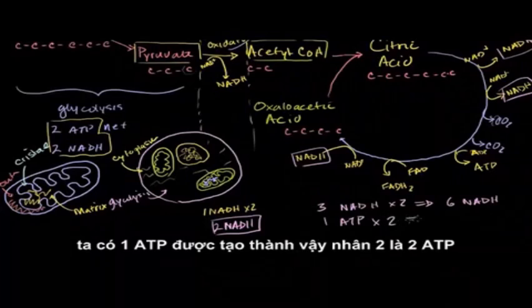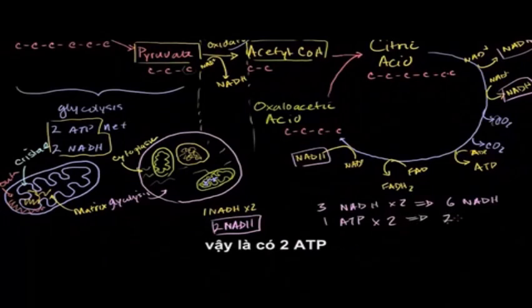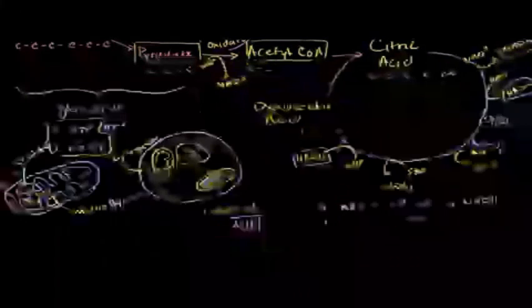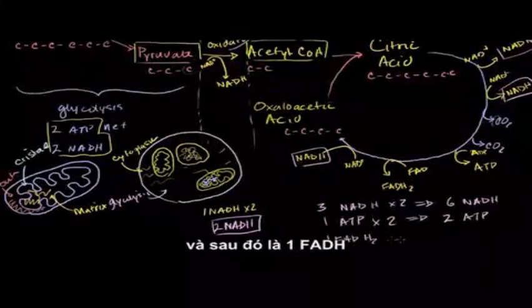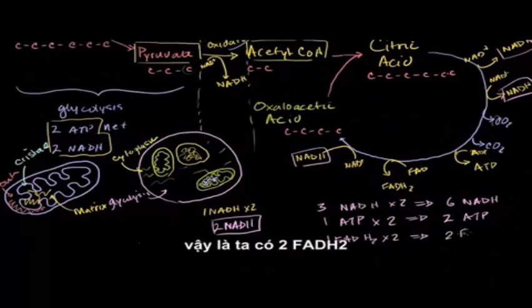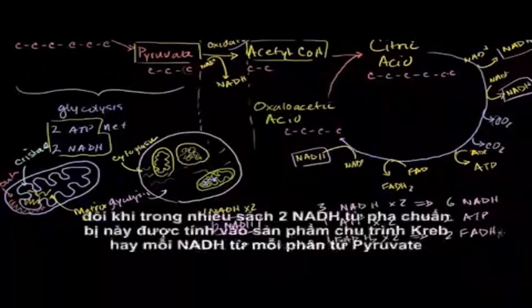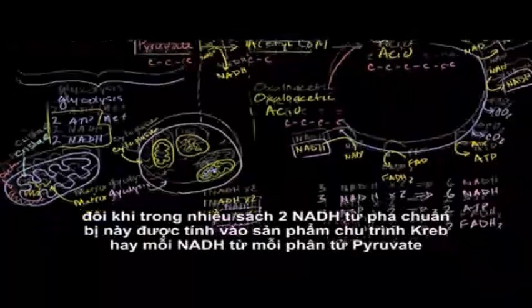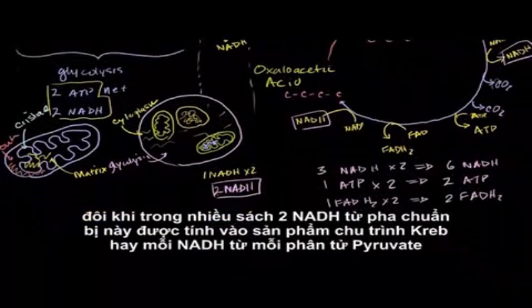This is going to happen twice, once for each pyruvic acid. So we get 2 ATPs. And then we have 1 FADH2. But we're going to do this cycle twice. This is per cycle, so times 2. We have 2 FADH2s.